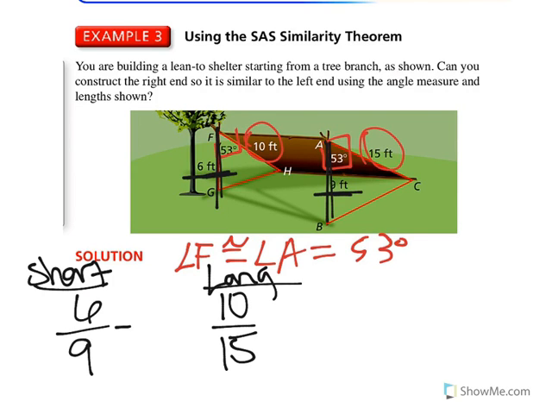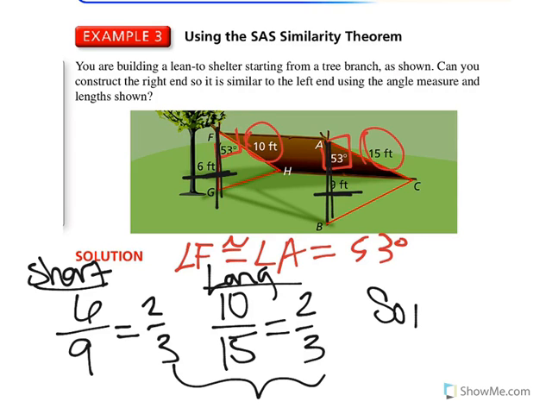If I reduce 6 over 9, it reduces to 2/3. And if I reduce 10 over 15, it also reduces to 2/3. So these end up being the same scale factor, and they are similar by the side angle side similarity theorem.